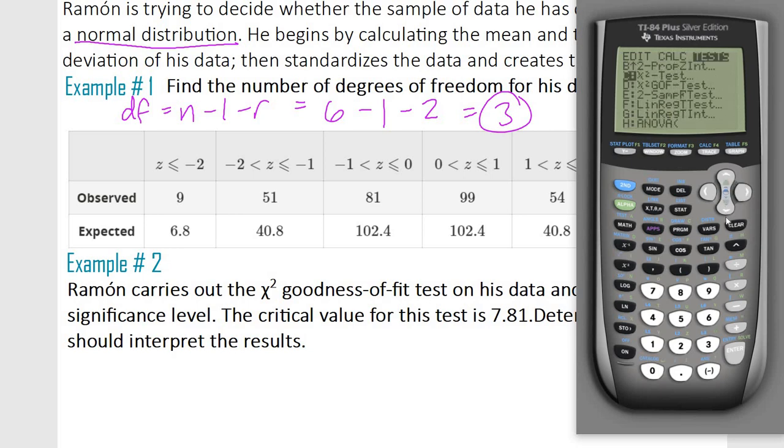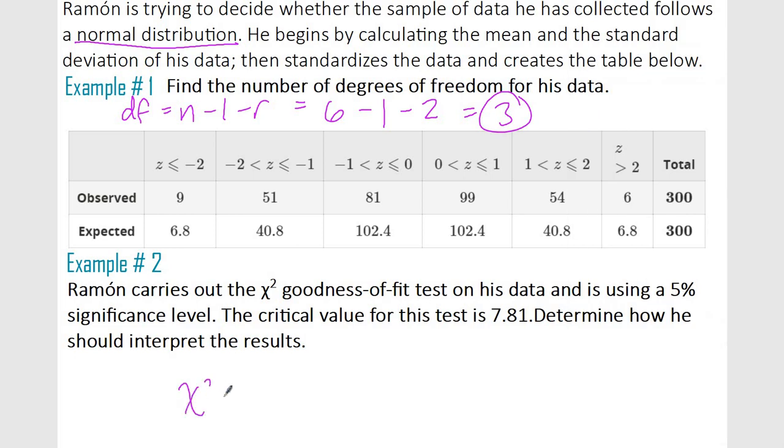Goodness of fit. Then list 1, list 2, 3 degrees of freedom. You calculate, notice we get 12.2. So the chi-squared is approximately 12.2, using a calculator.